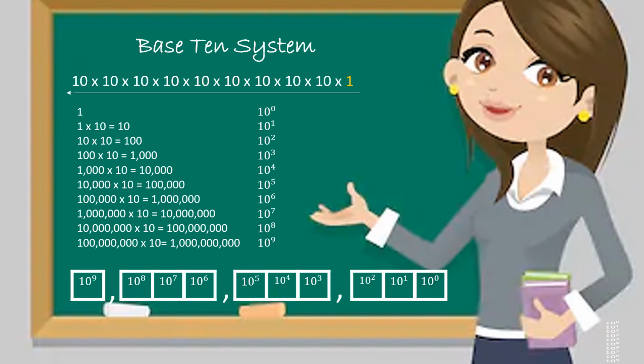That 1000, I multiply it by 10, then I have 10,000. If I'll continue, that 10,000 will become 100,000, 1 million, 10 million, 100 million, 1 billion, and so on. To get that, I'll just multiply it by 10.